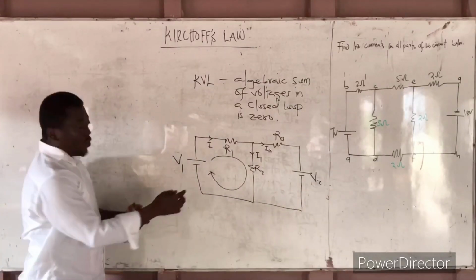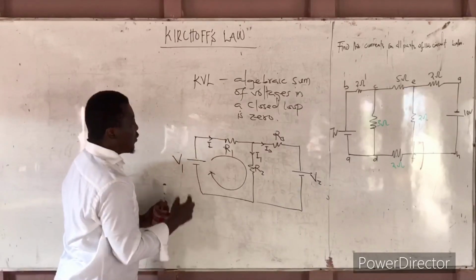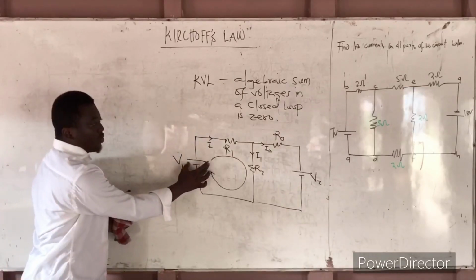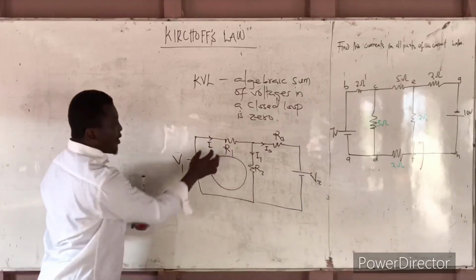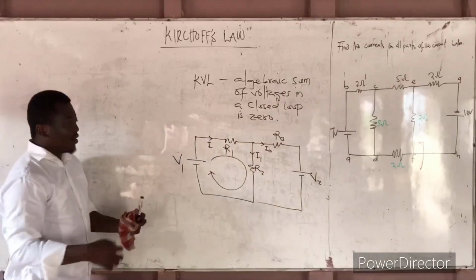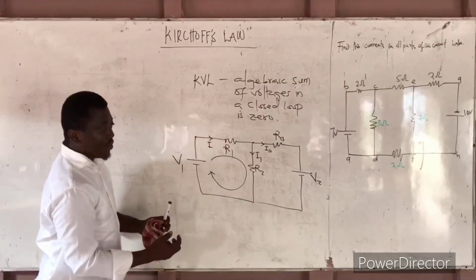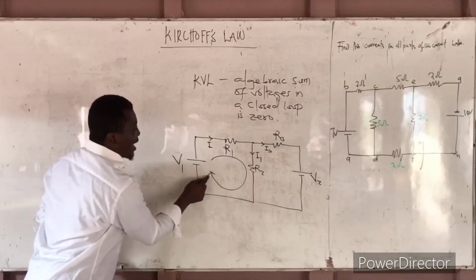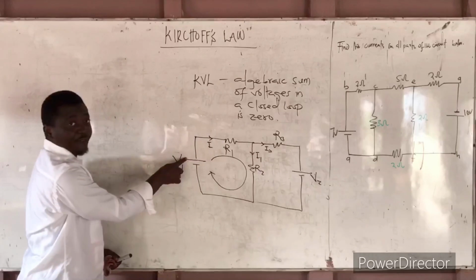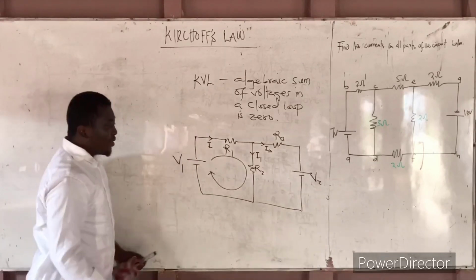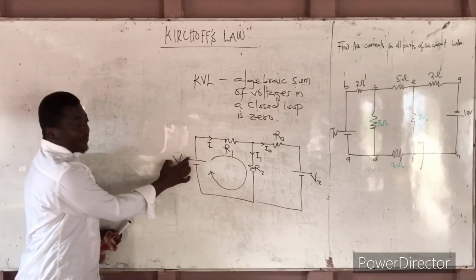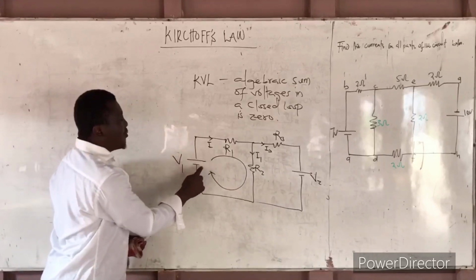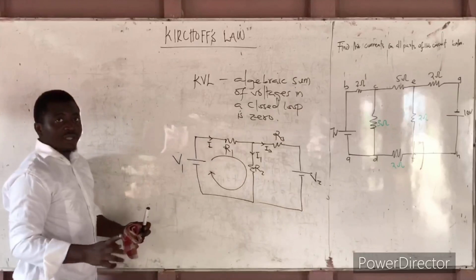Please, your arrow indicates whether the voltage is going to be plus or minus, whether the resistance with current is going to be positive or minus. So you have to take note of what I'm about to do. If you take the loop and the arrow touches the negative before the positive, then you make the voltage negative. But if it touches positive before negative, it is going to be positive.